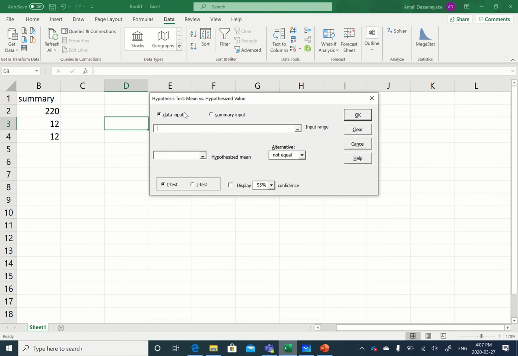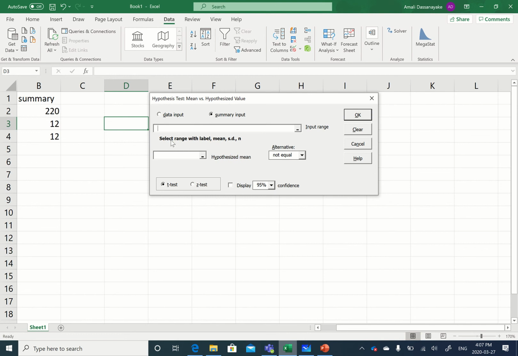Okay, and then you have two ways that you can provide the input. If you happen to have all the data in front of you, so they say that they have checked 12 accounts, right? So that's their sample. So if you happen to have the numbers for all 12 accounts, you can go with data input. Or if you happen to have the summary of those 12 accounts, which is what we have, you go with summary input.